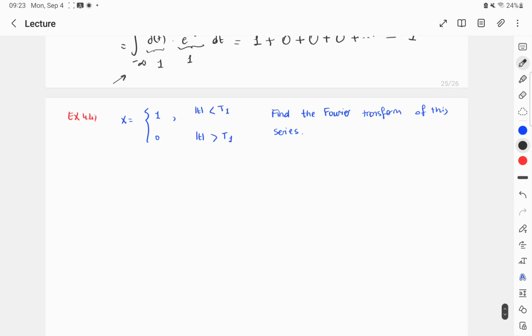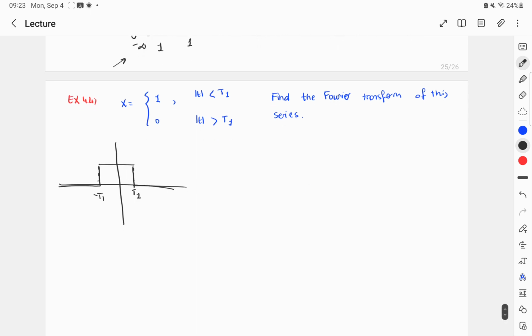As we can see, this function equals 1 until it reaches a value of capital T1 and here negative T1. And after a while, when it reaches T1, it becomes 0. So it's a similar type of rectangular function, but it has just one loop.